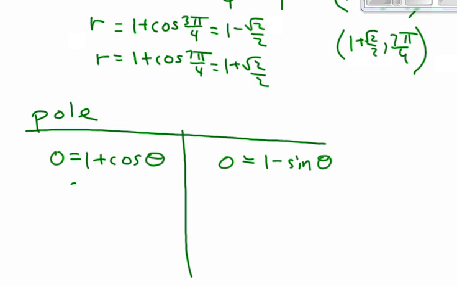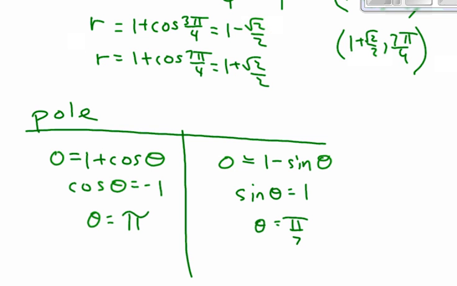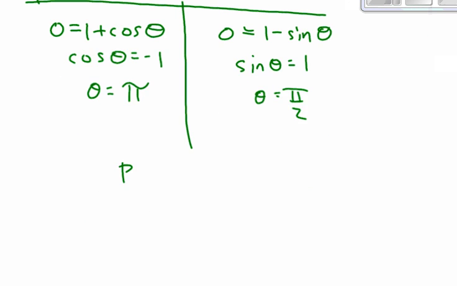So when will cosine theta equal negative 1? That will occur at pi. And then when will sine of theta equal positive 1? That will occur at pi over 2. Since both of these cross through the pole, that means the pole is a point of intersection. Not simultaneous, but it is a point of intersection.